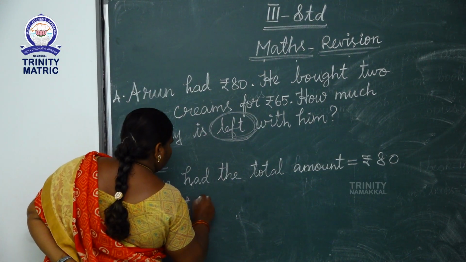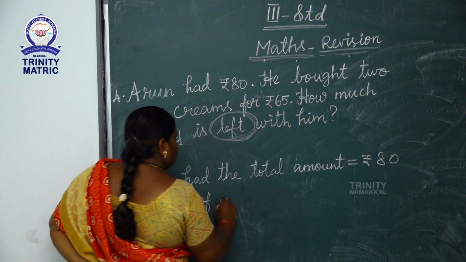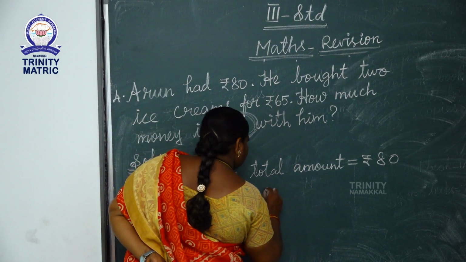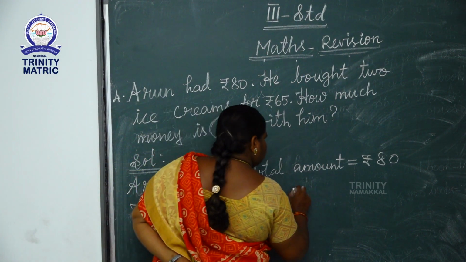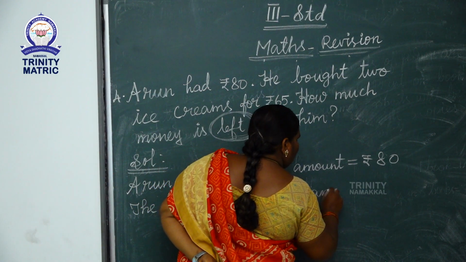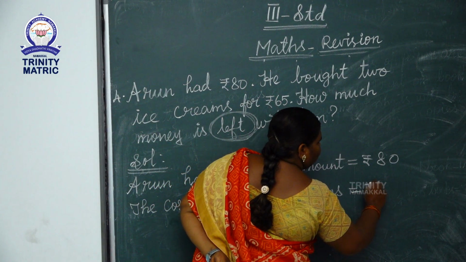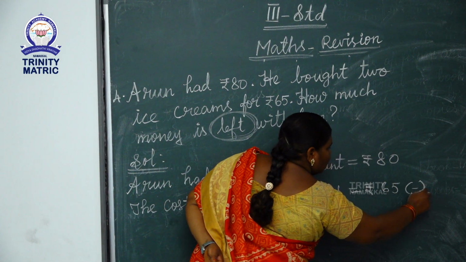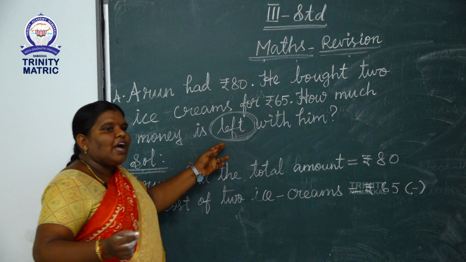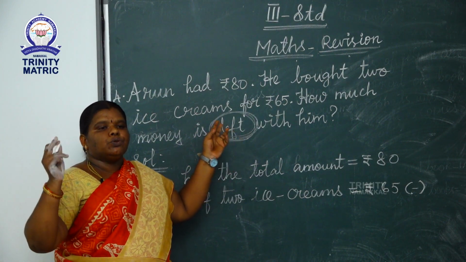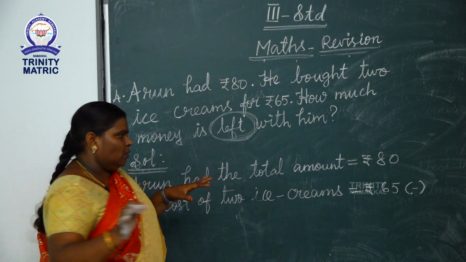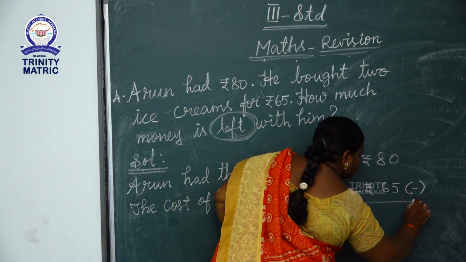The cost of 2 ice creams. How much cost? Rupees 65. The word left is in your sum. You should do only subtraction. Do you understand? Okay, you do the sum.